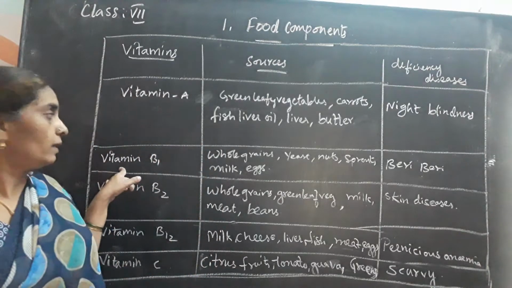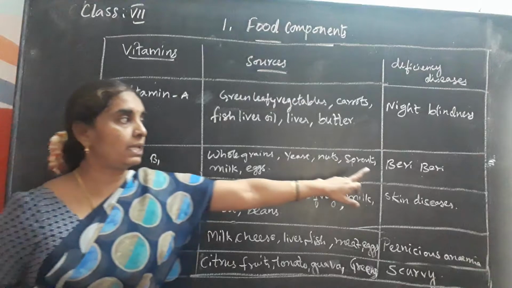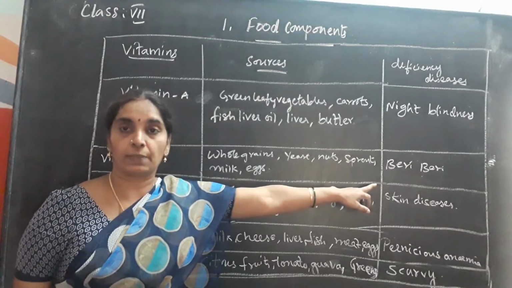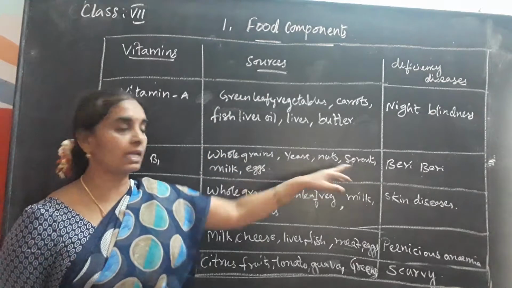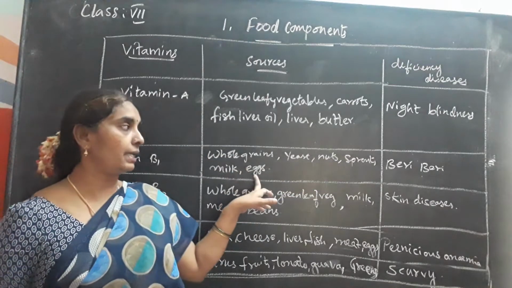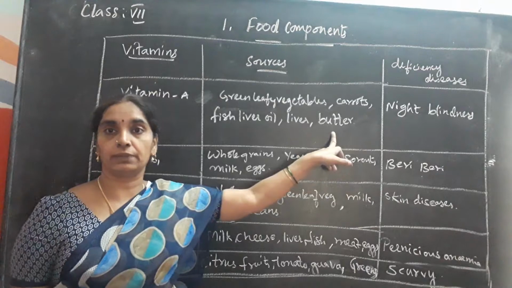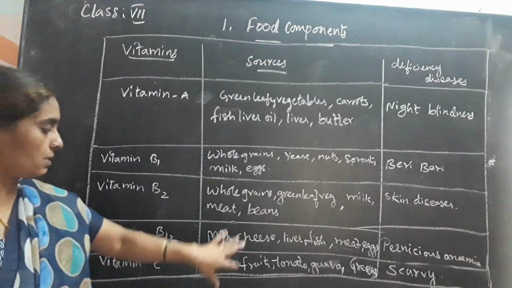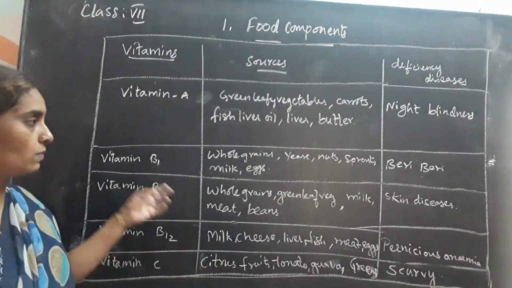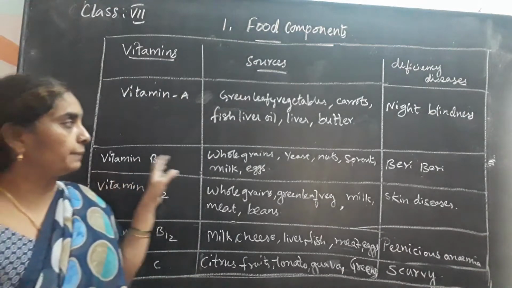Okay, next, vitamin B1. It causes disease if there is a lack of this vitamin. It can be supplied through whole grains, yeast, nuts, sprouts, milk and eggs. Sprouts release vitamin B1.